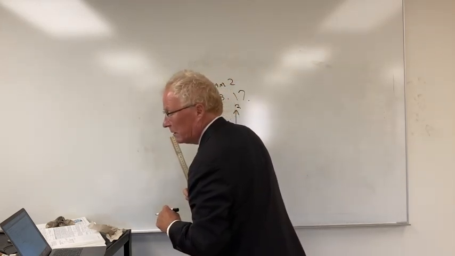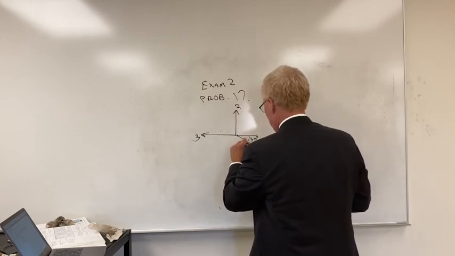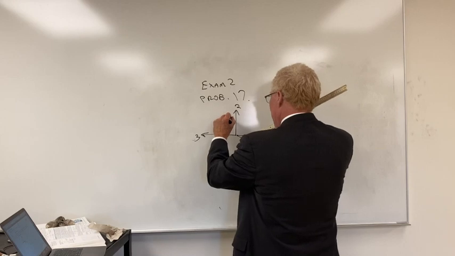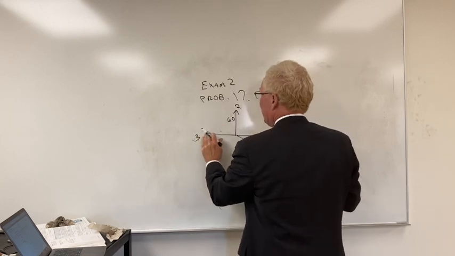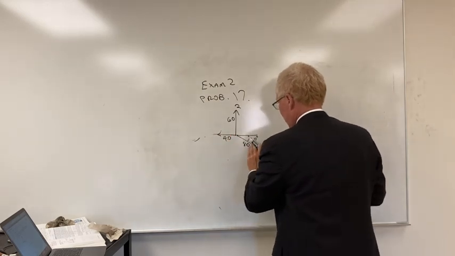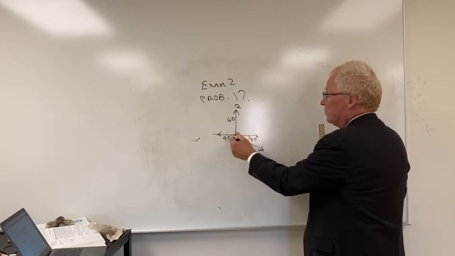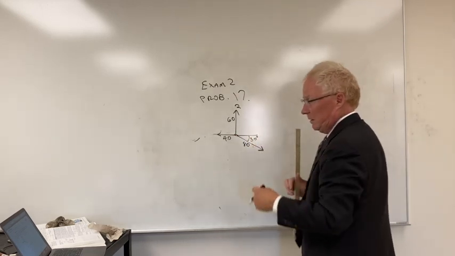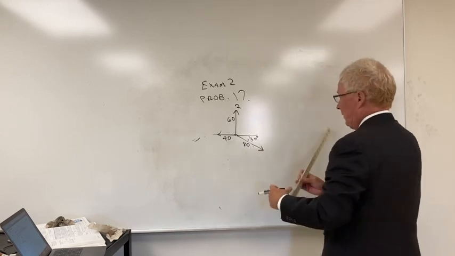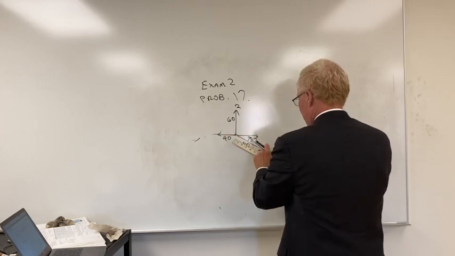F1 is 80, F2 is 60, and F3 is 40. Try to get this a little bit better to scale. The way to do these is tail to head, tail to head, tail to head. If I want to get it more precise, I'll make each one approximately 8 inches long. So that would make this out to about here.